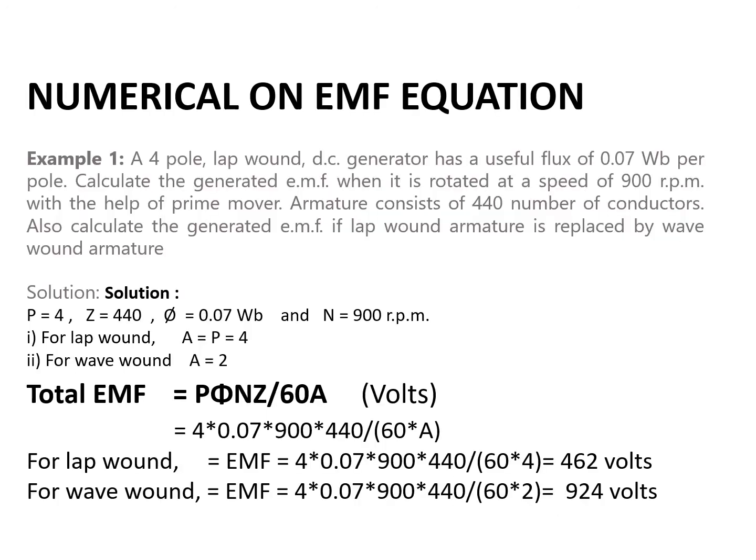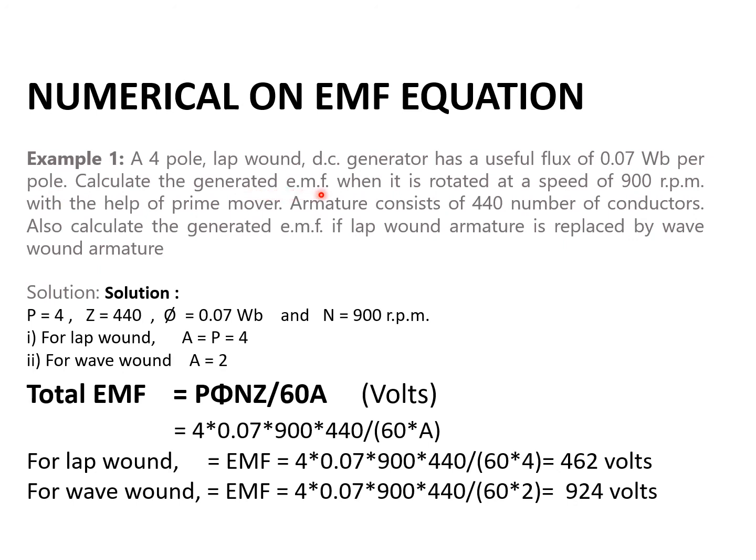Now we can solve a numerical on this equation. The question is: a 4-pole lap wound DC generator has a useful flux of 0.07 Weber per pole.